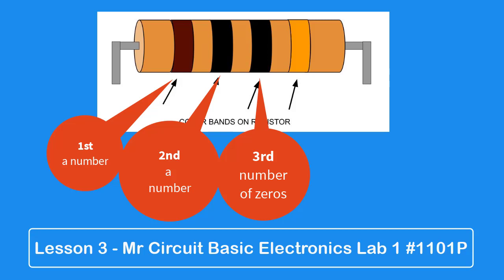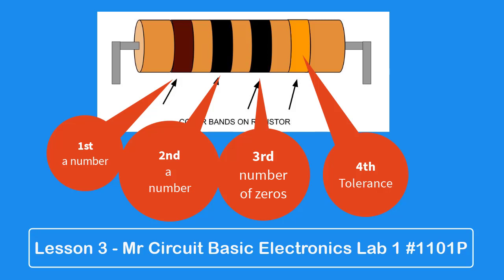If the third band is black, no zeros are added. The fourth band represents the tolerance value. This band is usually gold, plus or minus 5%, or silver, plus or minus 10%. In our lab, we use all the ones that are gold, plus or minus 5%. Tolerance means precision or exactness of the value of the resistor.